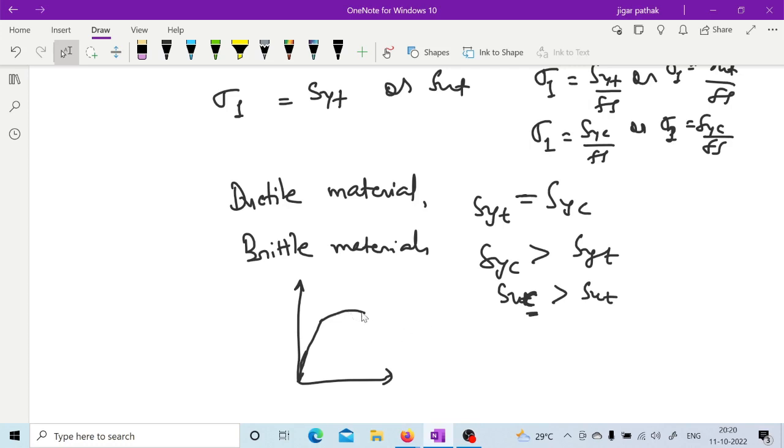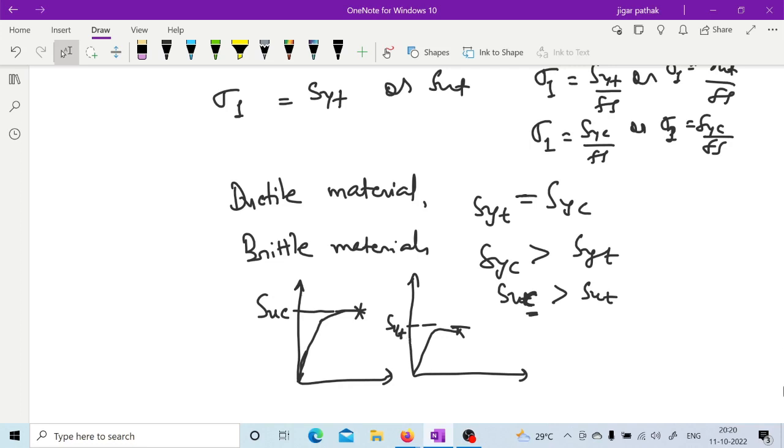So if it is breaking under compression at a particular point, then under tension it will be even less, like this. So this is higher than this one. For brittle material, compression is higher than tension. Is it okay?